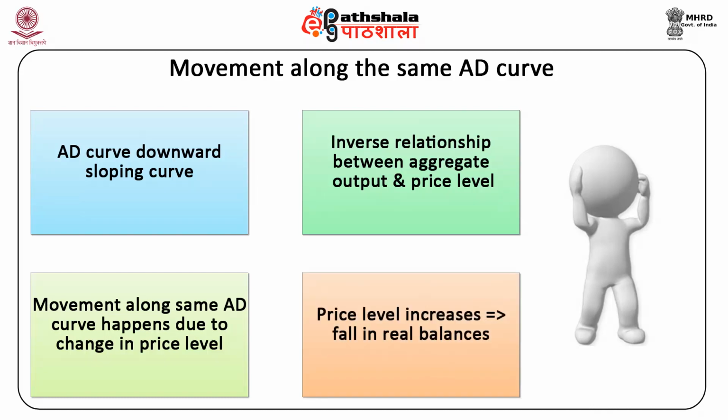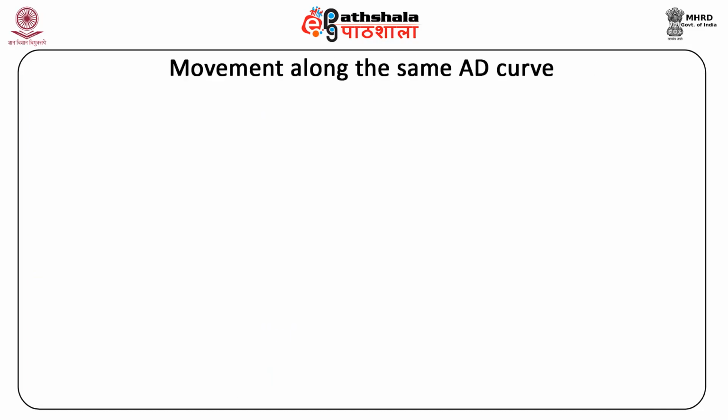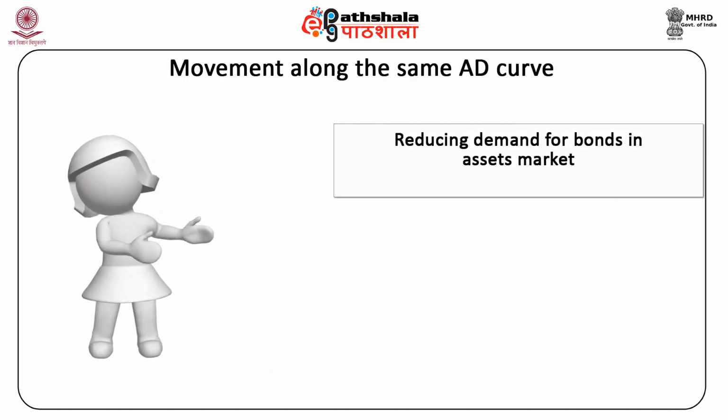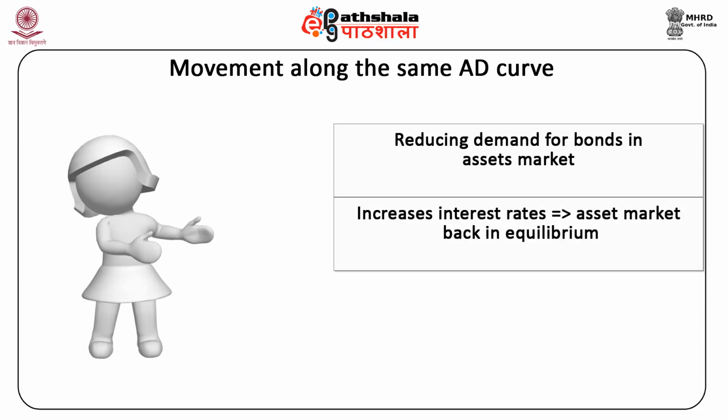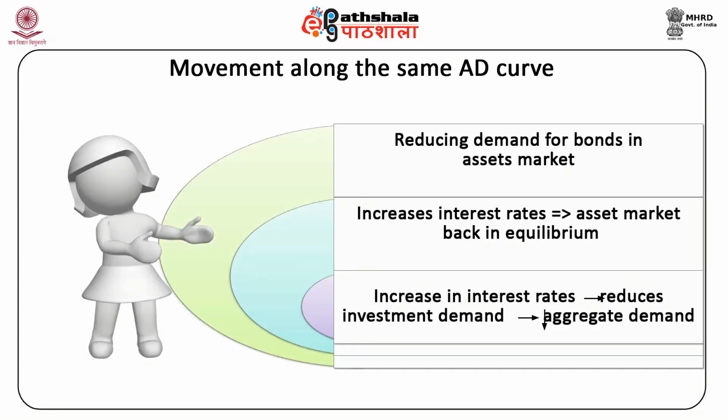When the price level increases, there is a fall in the real balances, that is M by P, for a given amount of money stock in the economy, reducing the demand for bonds in the assets market, which in turn increases the interest rates to make the assets market come back in equilibrium. However, an increase in interest rates reduces the investment demand, which decreases the aggregate demand in the economy.